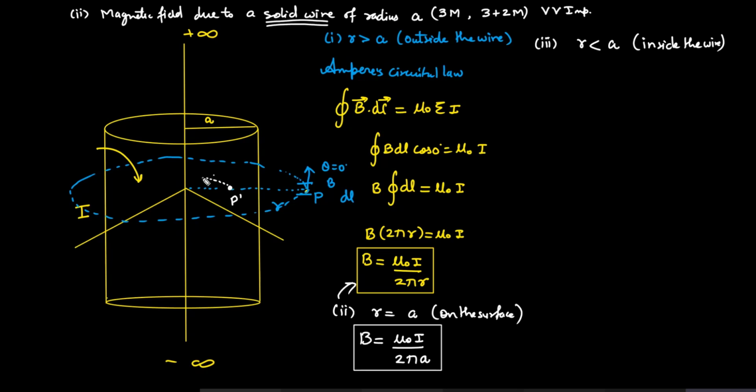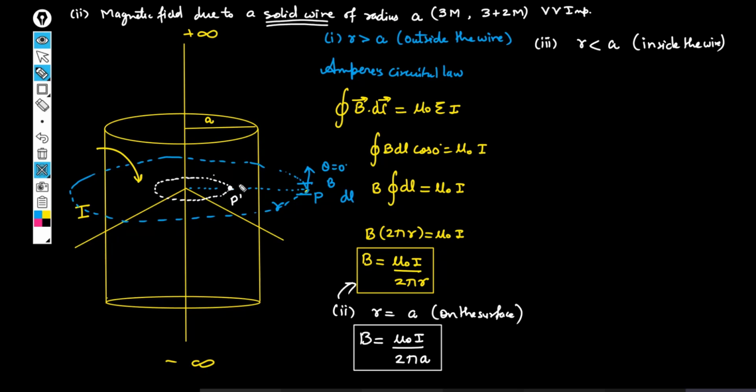So again we will take an Amperian loop, and there we will take magnetic field and dl as we have taken on P, theta will be 0 here, and let's say the radius here is r inside. Again from Ampere's circuital law, the closed line integral of magnetic field will be mu naught summation I. Now here the current will be different.